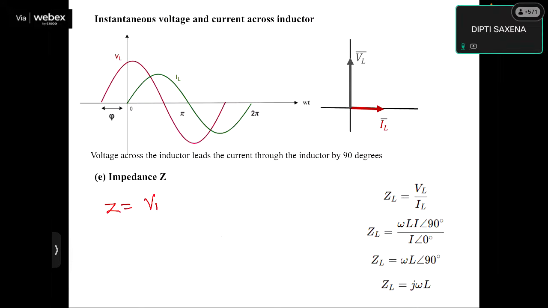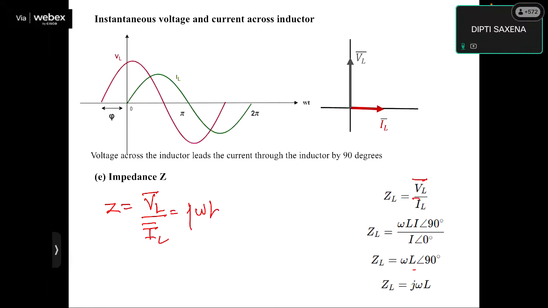The impedance is always the ratio of the phasor voltage and the phasor current. So Z is equal to the ratio of phasor V and phasor I. Phasor V is ωLI at angle 90 degrees, and I is I at angle 0. So ZL is equal to ωL at angle 90 degrees. Angle 90 degrees can be replaced by the operator j, so it is equal to jωL.